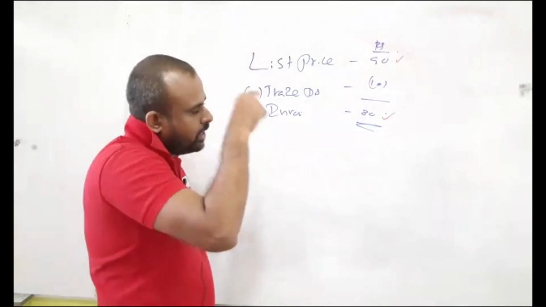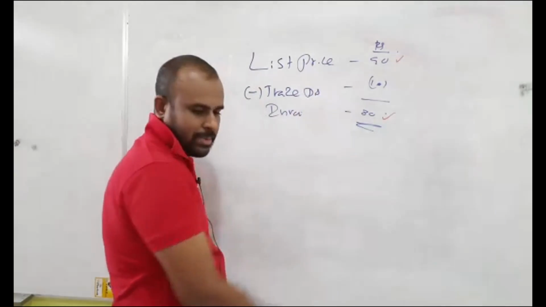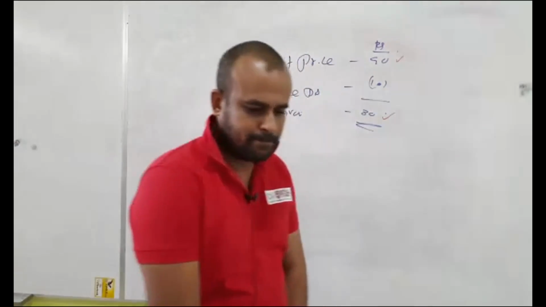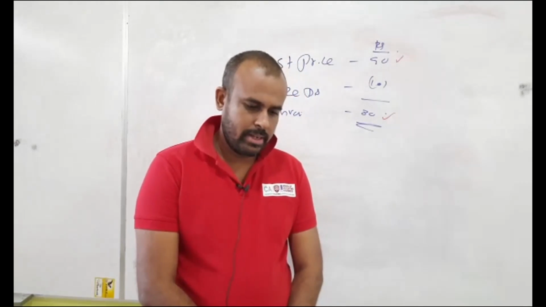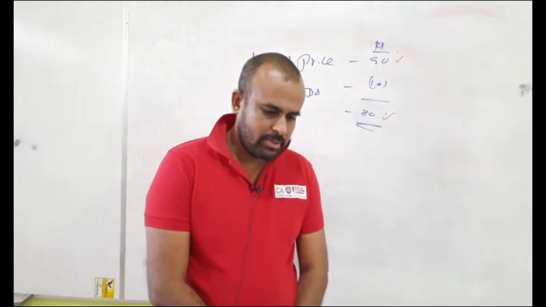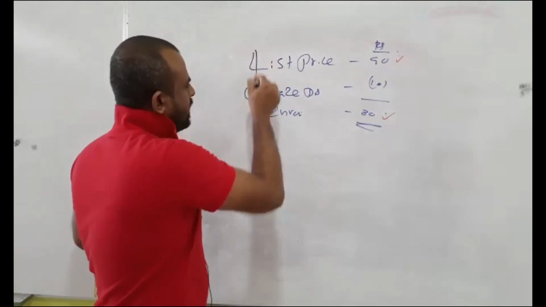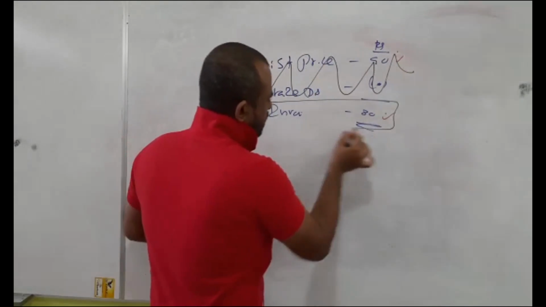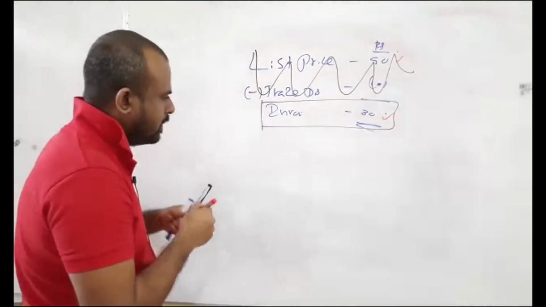Right. In the purchases journal, do you record the list price or the invoice price? What are you supposed to record? Invoice price. List price you can't record. The list price is not relevant to us, since that is the price at which it is sold. But what did you purchase it for? The invoice price. So how do we record this in the purchases journal?